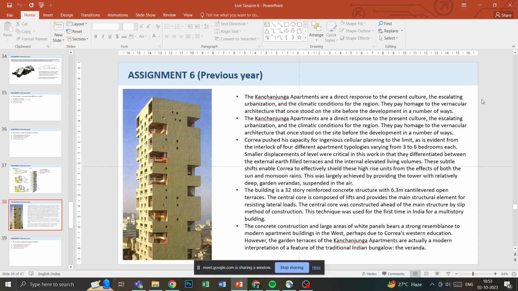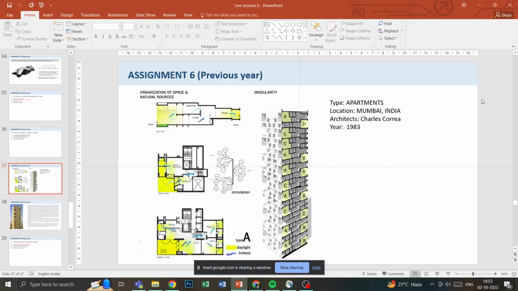the veranda. And if you can see this image, this is plan 1 and plan 2 in a section of one of the apartments. You can see how the level of the yellow shows the daylight. So you can see that all the places get daylight, but it is not very harsh.